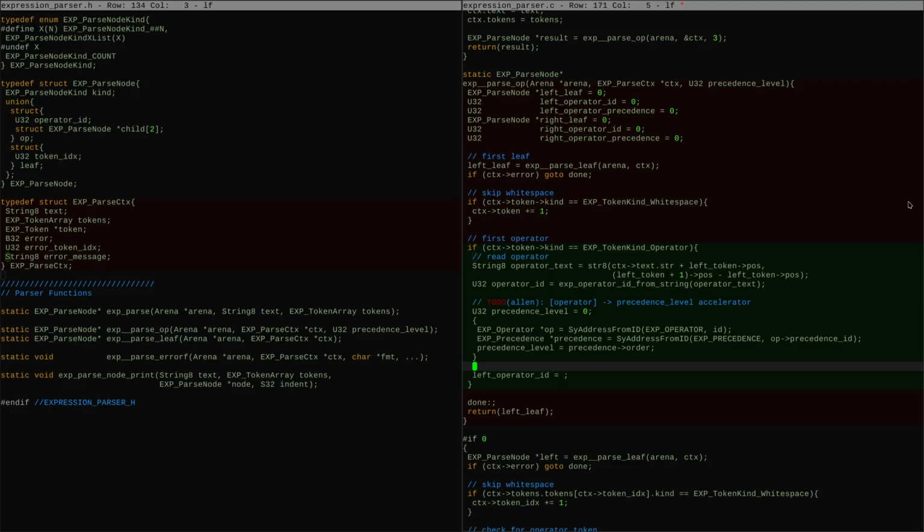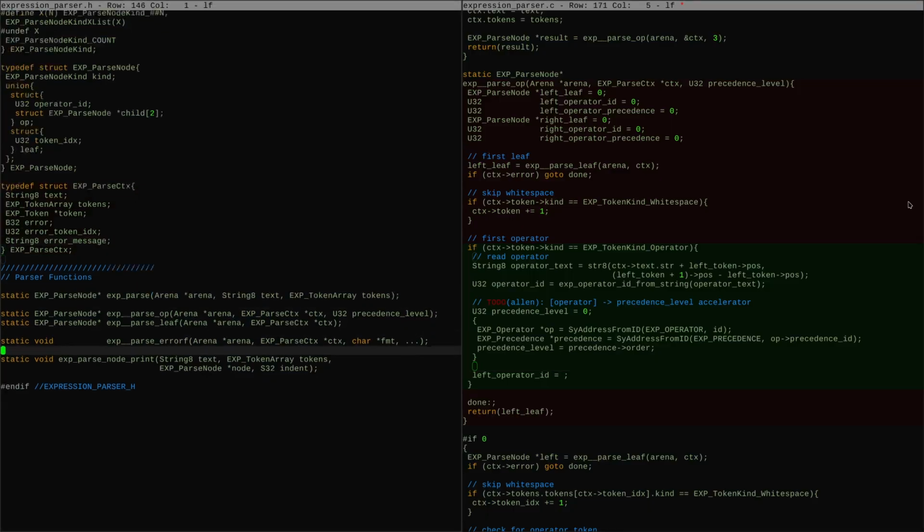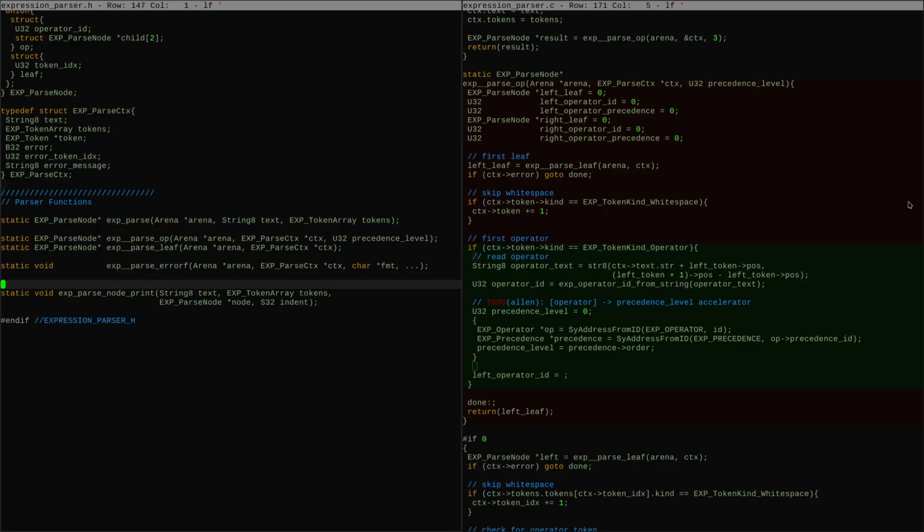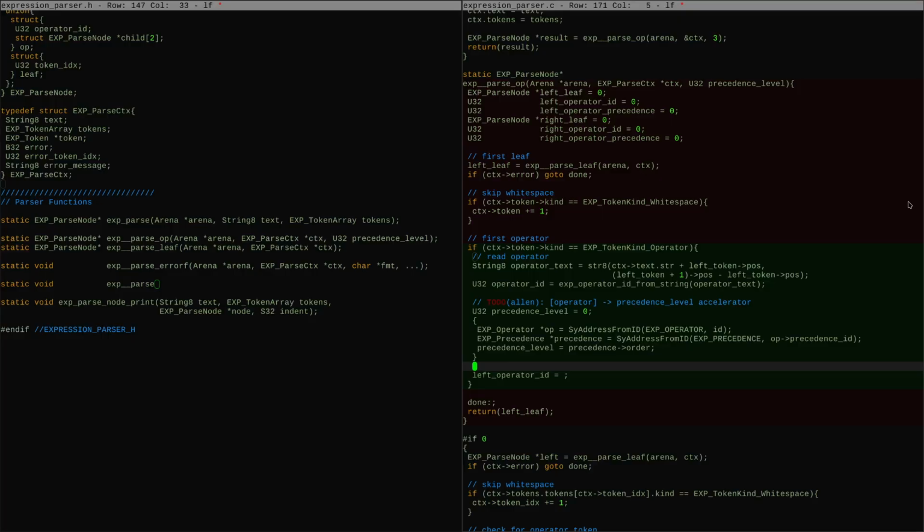So why not say we just want some helping stuff for that, like parse, reading the operator.